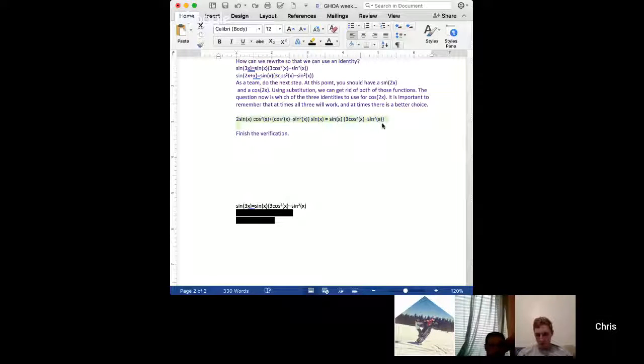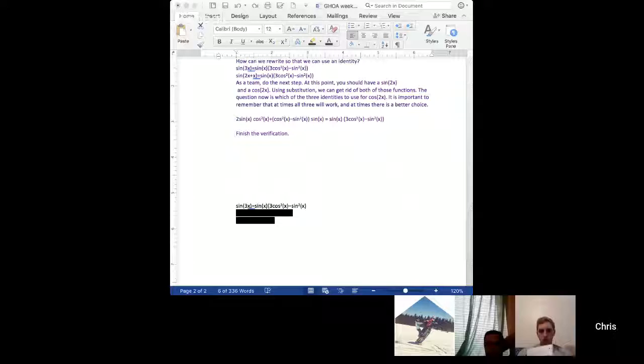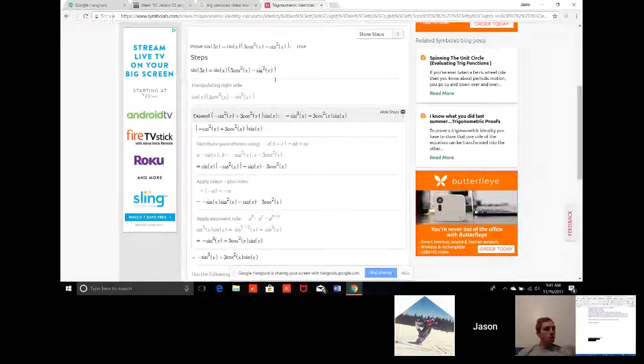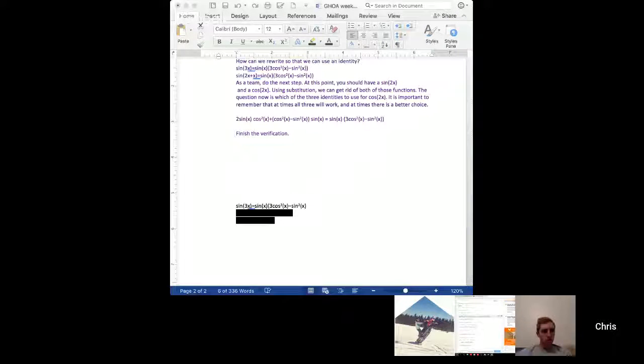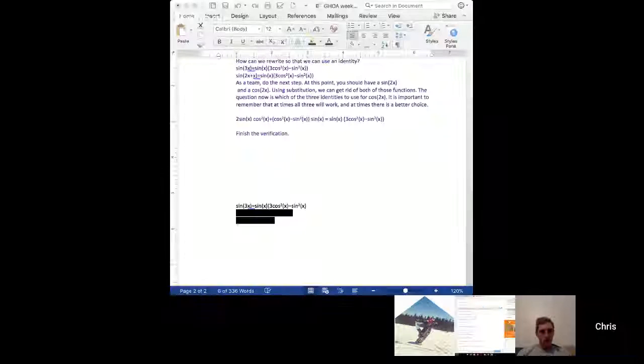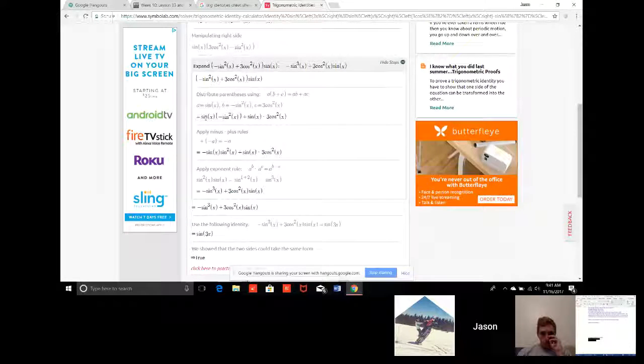I don't even know if this is right or not, but here's what they came up with. They did the right side instead of trying to work on the left side. And what they did is they distributed this out.